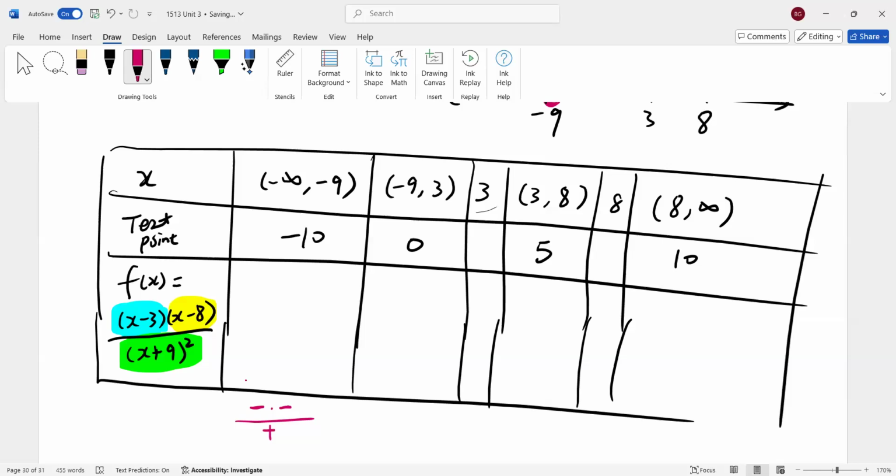So positive here. And next we do 0. 0 would make the blue negative, would make the yellow negative, will make the green positive. So still positive.